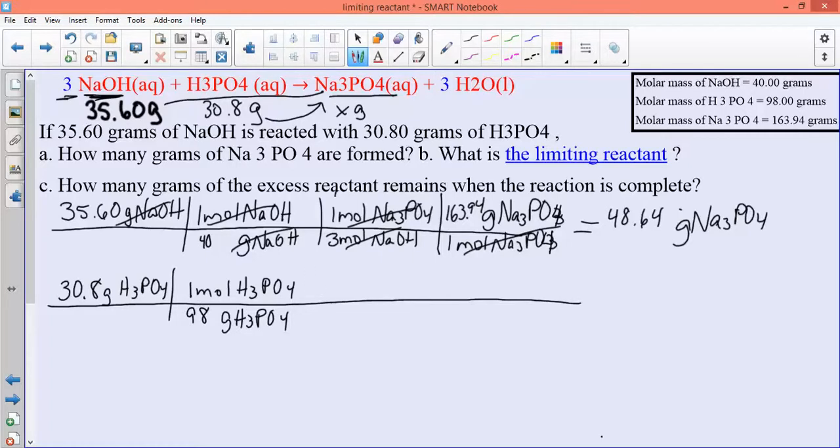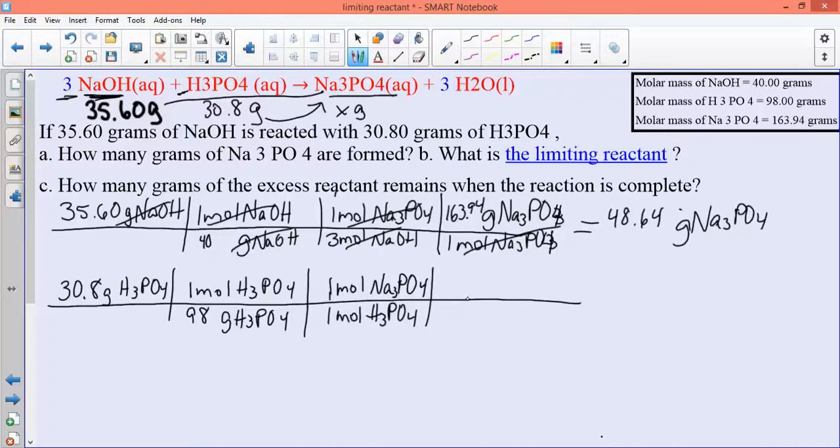Do my mole ratio step. It's 1 mole of sodium phosphate to 1 mole of phosphoric acid. And these numbers come from the coefficients.